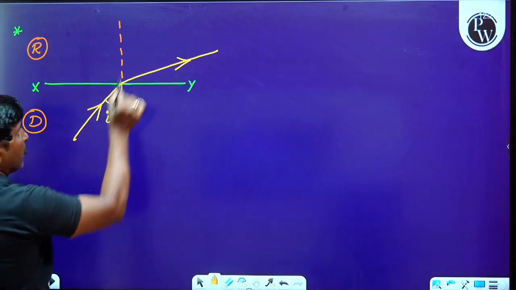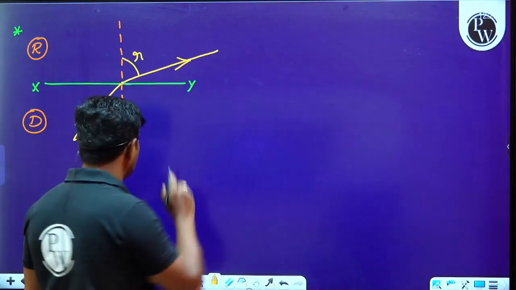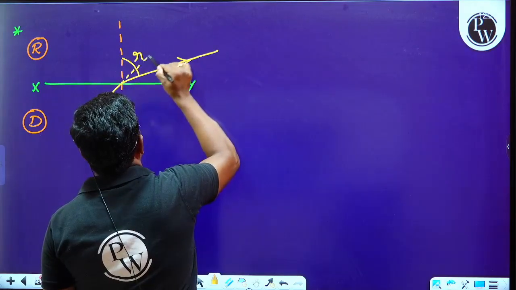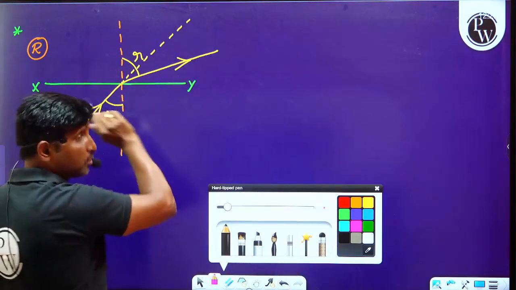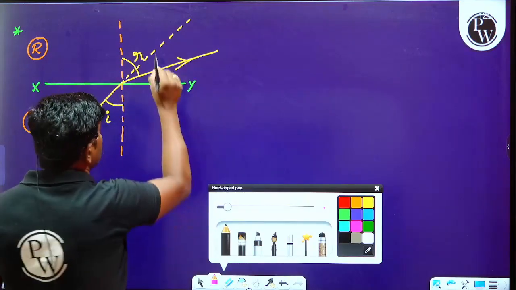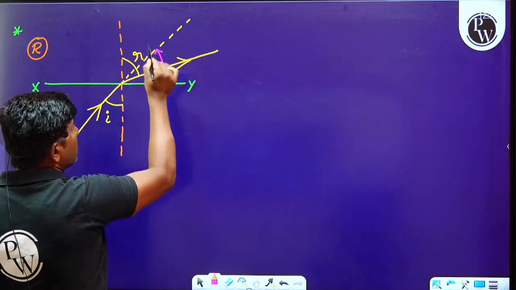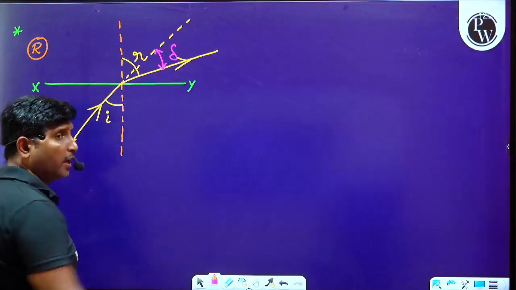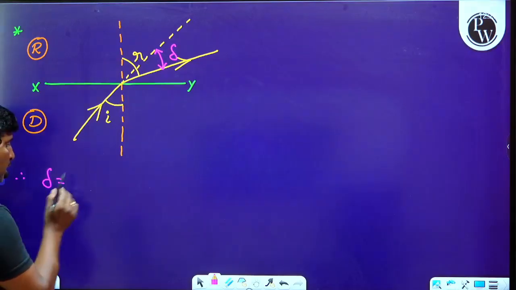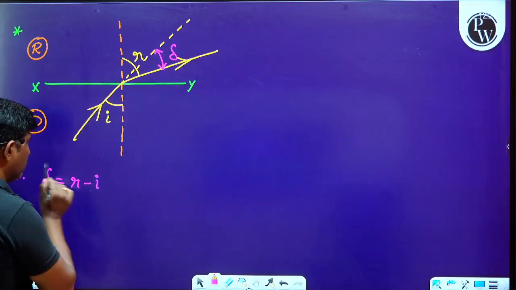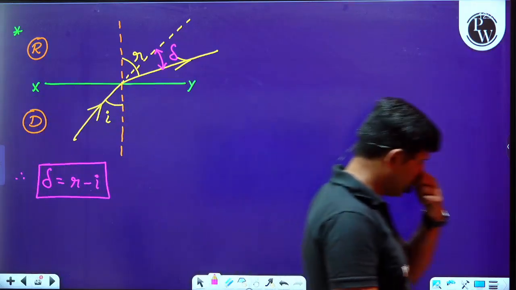Let i be the angle of incidence, r be the angle of refraction. Suppose there is no refracting surface xy, then the ray would have traveled on the dotted line, but because of the refracting surface, the light will undergo a deviation. And in this situation, deviation is given by r minus i. We have to understand this point clearly.